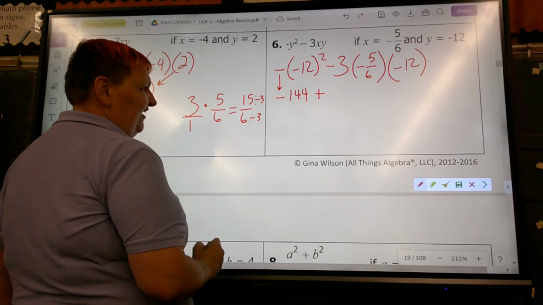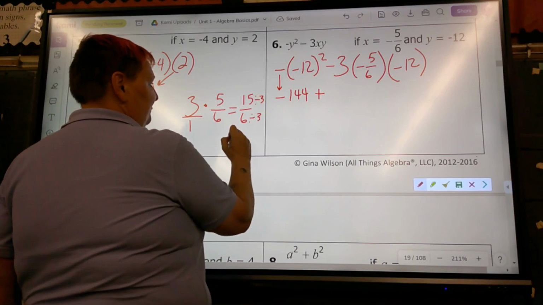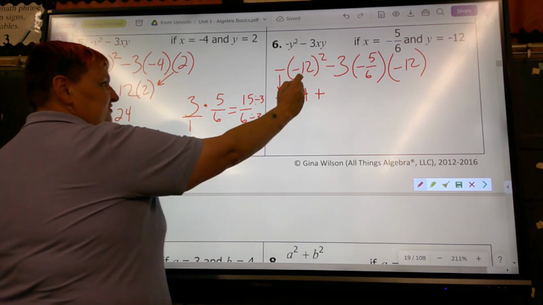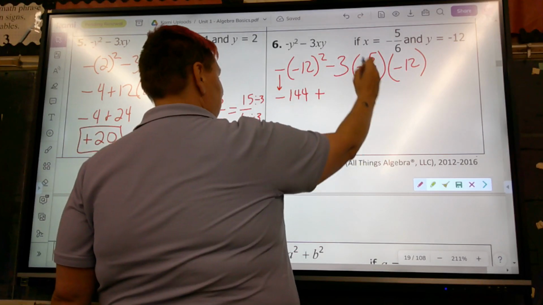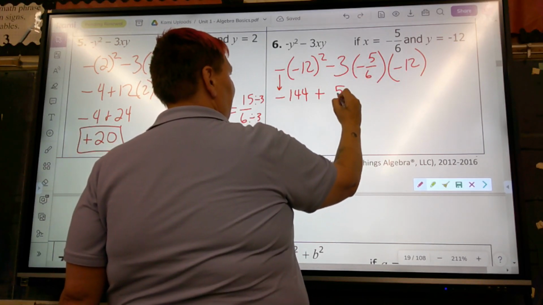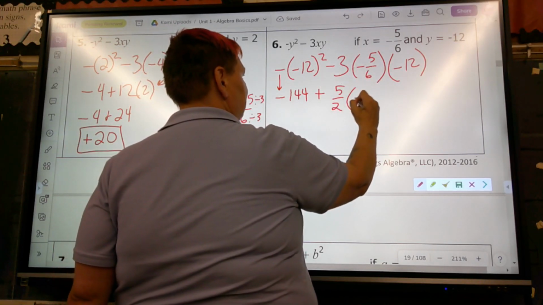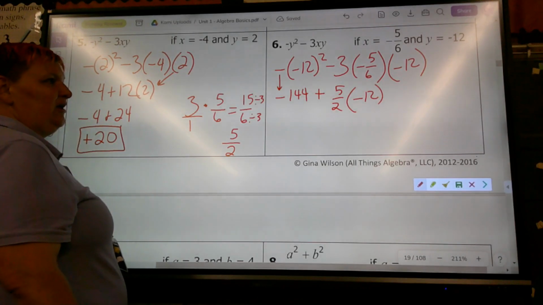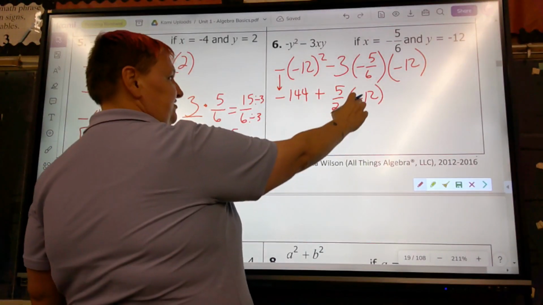This is how you simplify. 15 divided by 3 is 5. 6 divided by 3 is 2. So instead of putting all of this, we're just going to put 5 over 2 times negative 12. And then we're going to do it all again because we have to multiply a fraction by a fraction.